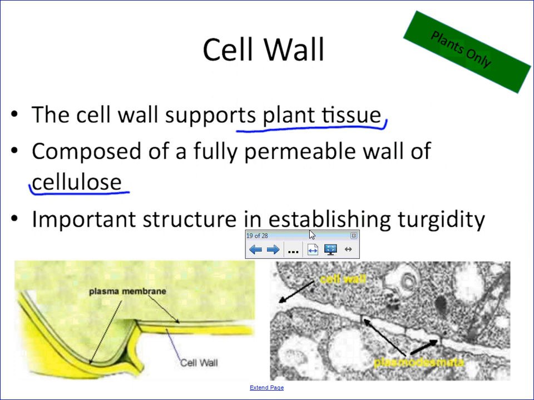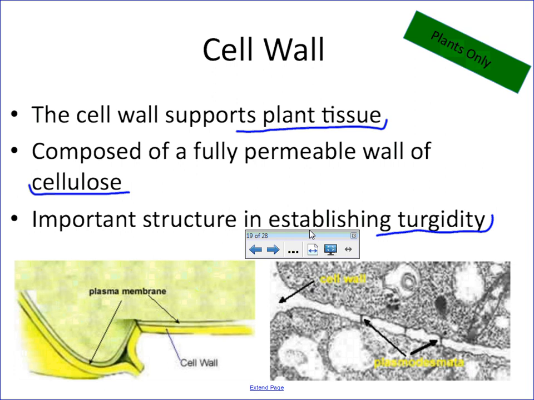Cellulose is also known as fiber, so when you're told to eat more fiber, you're basically eating more cellulose. And so that cell wall is also important in helping establish the turgidity of the plant. It's what makes celery crunchy or a carrot crunchy, for example.